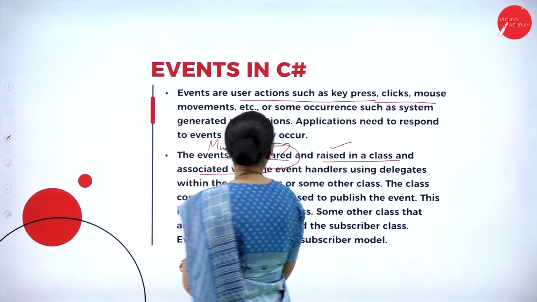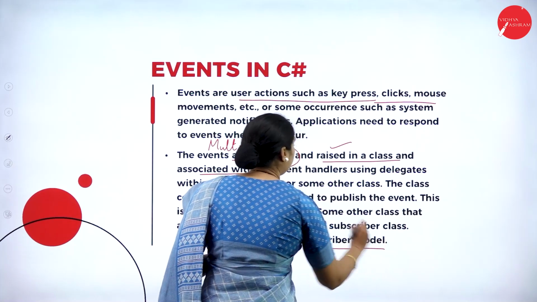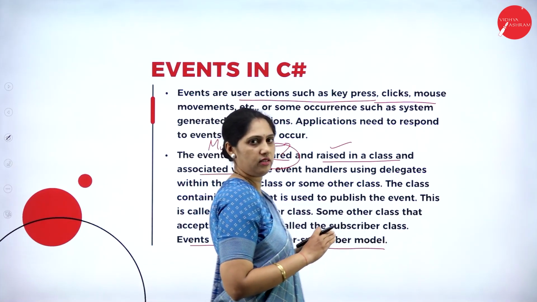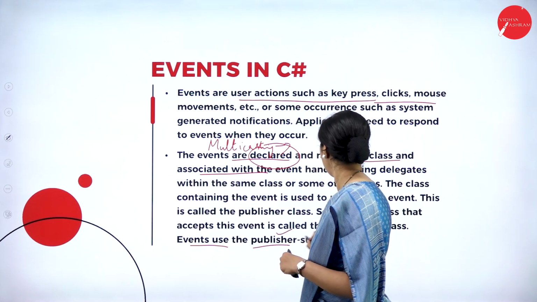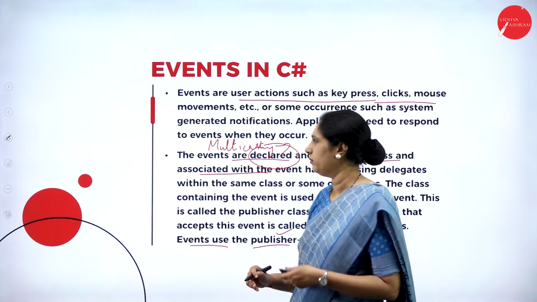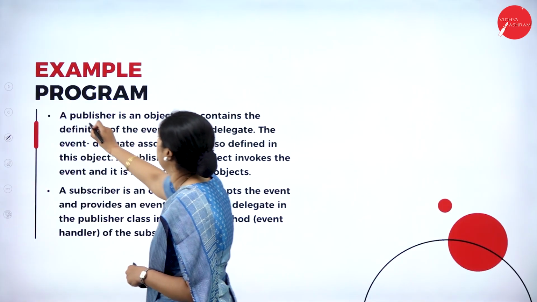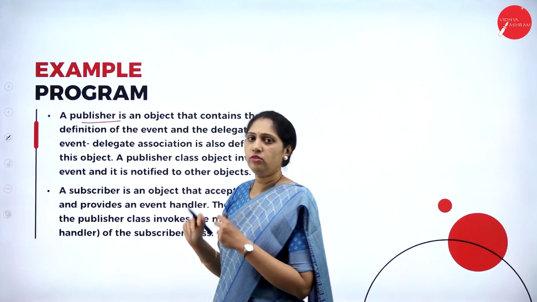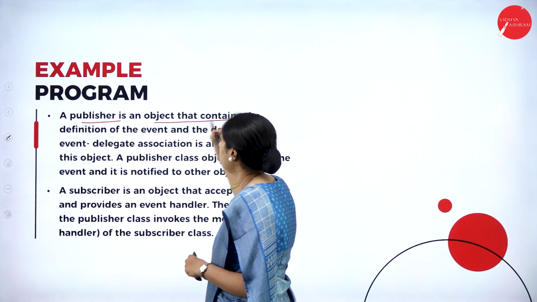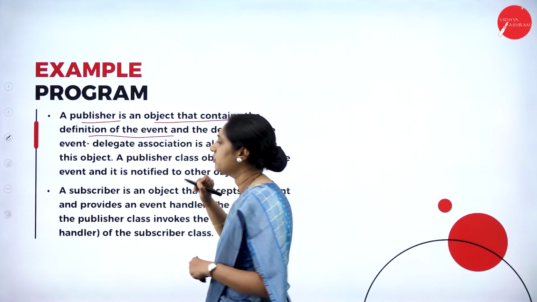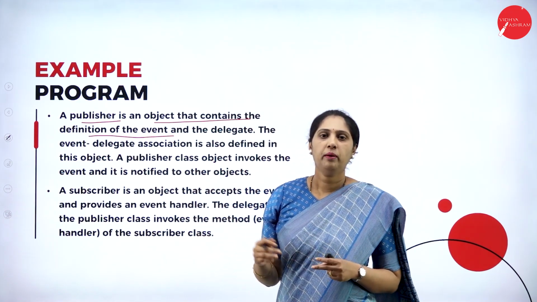Events use the publisher-subscriber model. So what is a publisher? A publisher is an object that contains the definition of the event. So it publishes what?